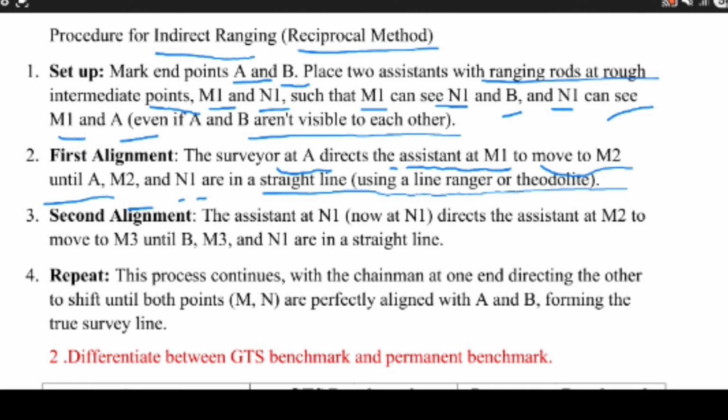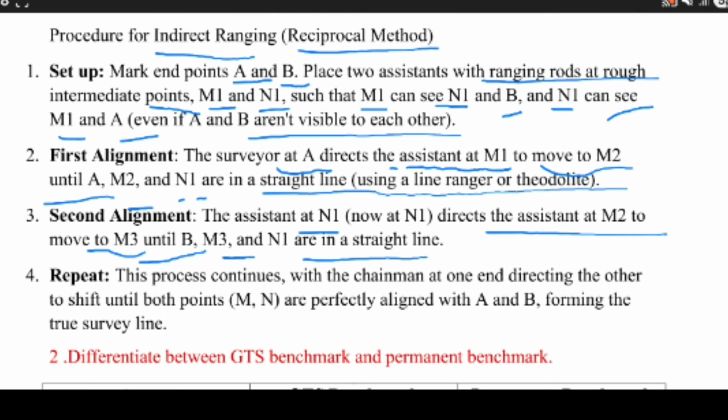In the same way, second, you direct the assistant at N1 to M2, move to M3, next line, until M3 and B are visible and M3 and N are in a straight line.